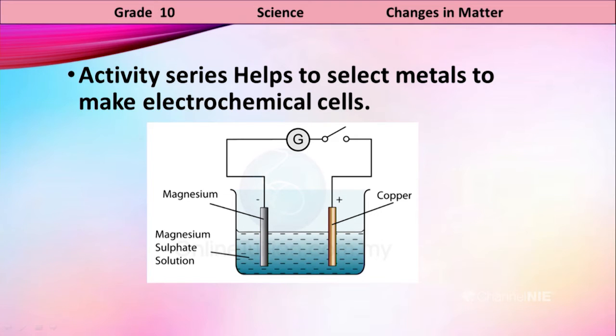Look at this picture, magnesium and copper. Magnesium is the higher reactivity metal, so it is used as the anode or negative terminal. Copper is the lesser reactivity metal, so it is used as the cathode or positive terminal. Likewise, we can identify the electrodes used in electrochemical cells by using the order of the metals in the activity series.